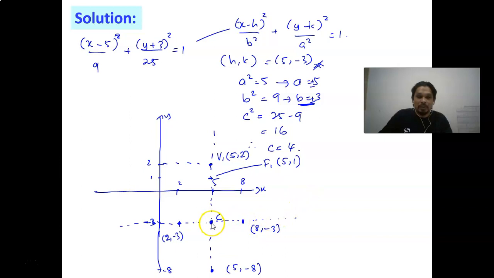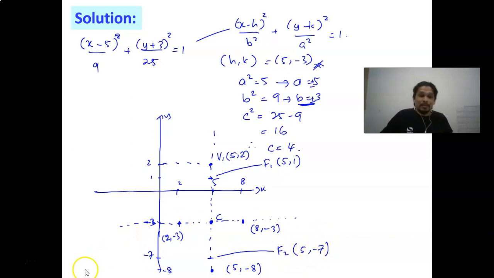And from here, move 4 units downward. So negative 3 minus 4, negative 7. So then F2 equal to still 5, and the coordinate of y here now is negative 7.